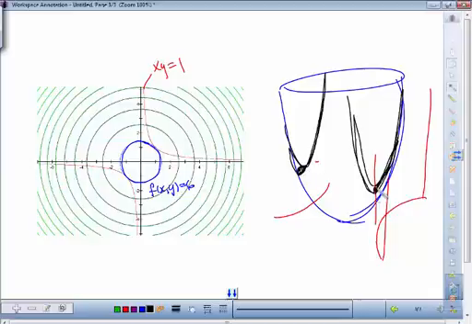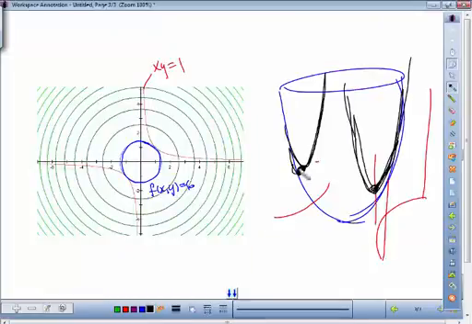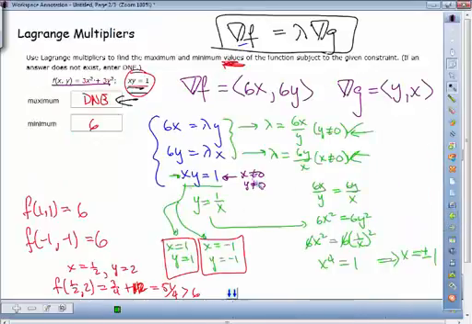So that boundary is the intersection between those two surfaces, and you can see here that the paraboloid keeps going up forever, and so these intersections will keep going up forever. That's why in our problem here we didn't have a maximum. And we do have a minimum value, the lowest point for the intersection between these two surfaces, and that is our minimum value at 6.